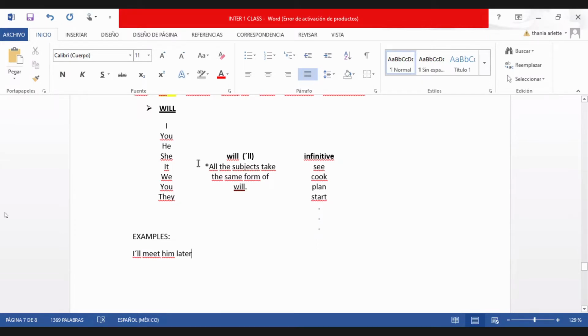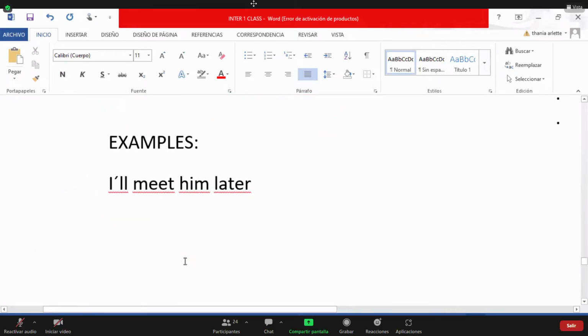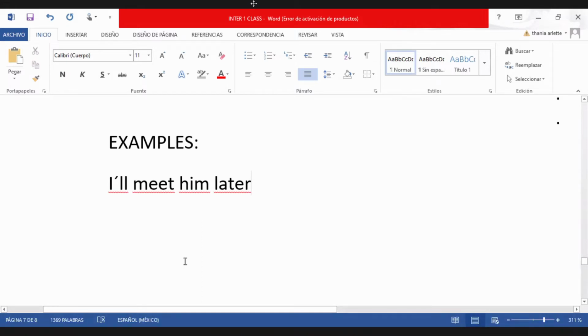Yes, the sentence is complete, because I have a subject, I have the modal, I have the verb in infinitive, even a complement. But if it was the exam, I would penalize the sentence with a point because of the missing period. Remember that. That makes a sentence complete.